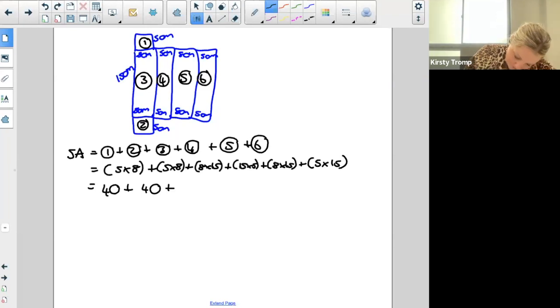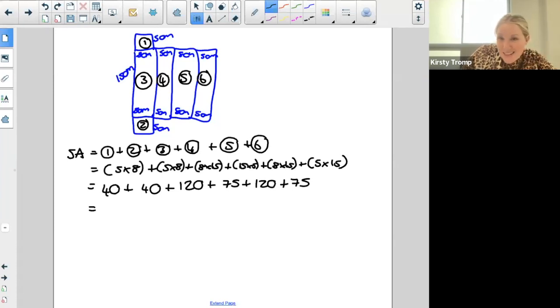Well done. 120 plus. What's 15 times 5? I think there's only like 2 or 3 people doing the calculations. Well done. 75. Plus 8 times 15 again is 120. 5 times 15 is 75.